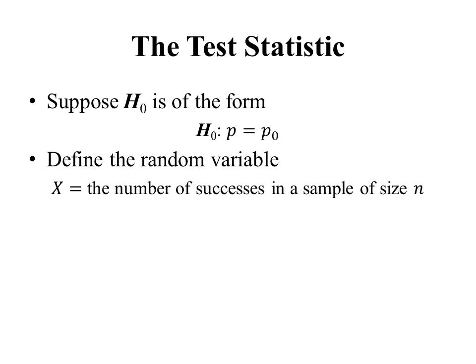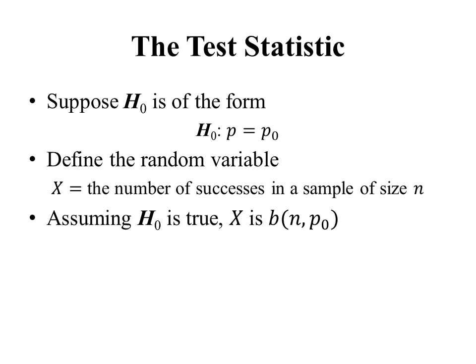So we ask each person, are you from in-state or out of state? Each person is either a success, meaning they're from out of state, or they're not a success, meaning they are from in-state. In other words, assuming the null hypothesis is true, this random variable x has a binomial distribution with n trials, and the probability of a success is p naught.